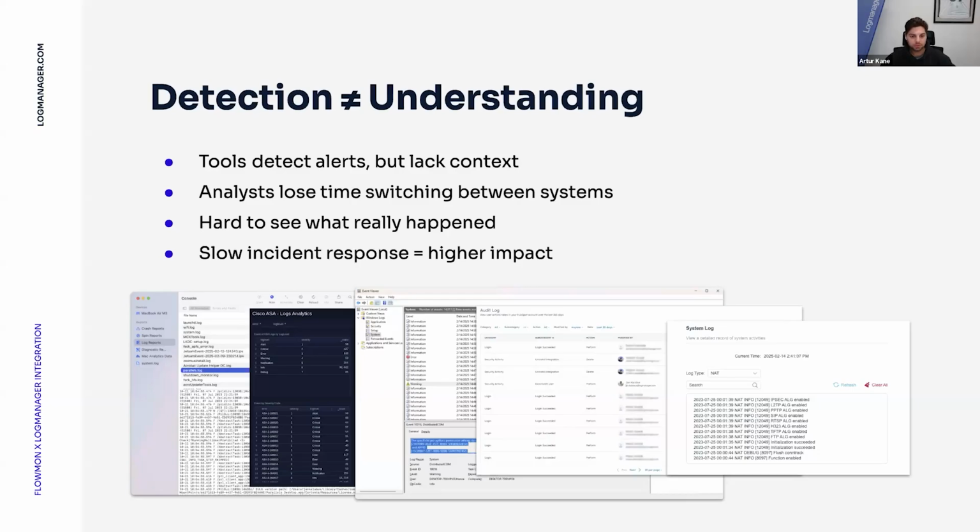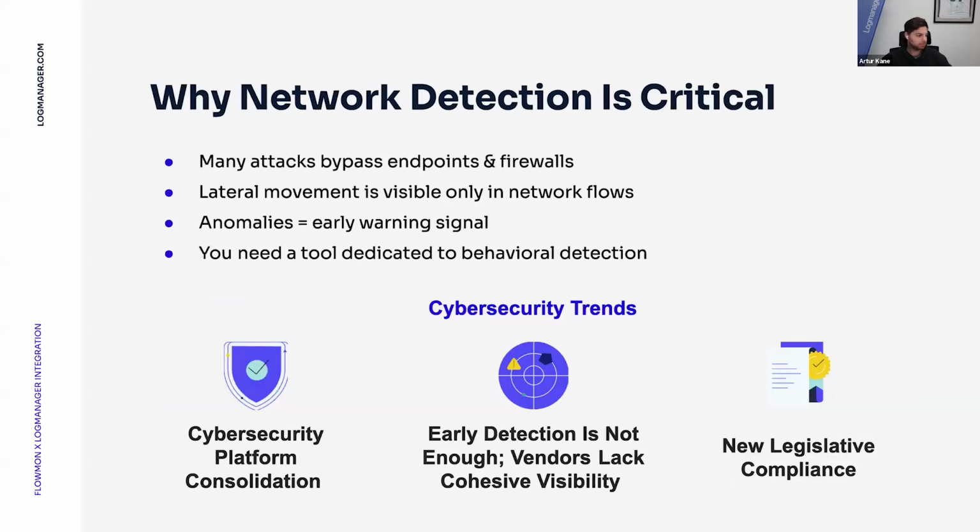Not only who was involved, but what data was involved, stolen, what is the impact, what systems are affected. And usually they have to switch between many tools to do that. That makes it really hard to see the whole picture and lengthens the time needed to investigate and report. So to detect attacks in their early stages, we start with Flowmon. Let me give you the word, Philip, now.